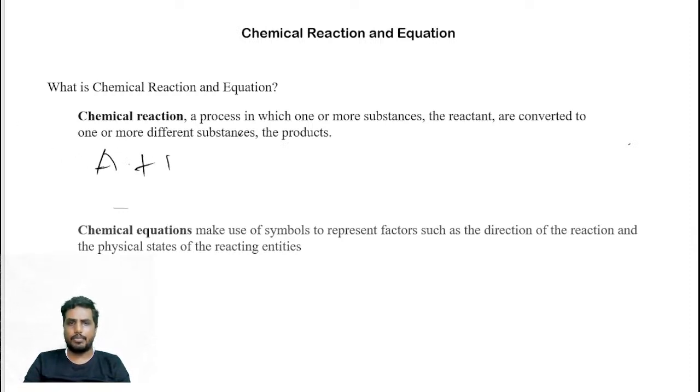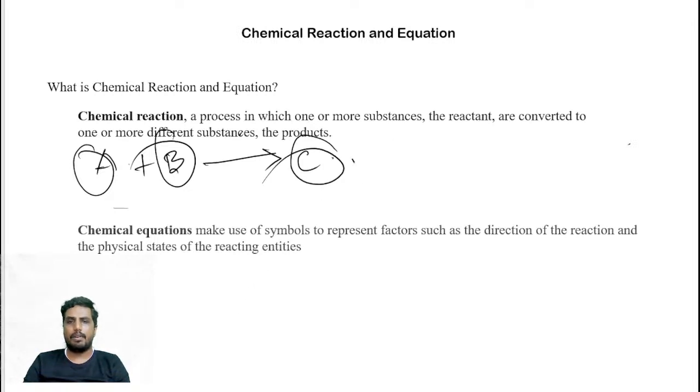So for example, A reacts with B, which gives C. A and B are the reactants, and C is the product. So we know that chemical reactions involve one or more substances.